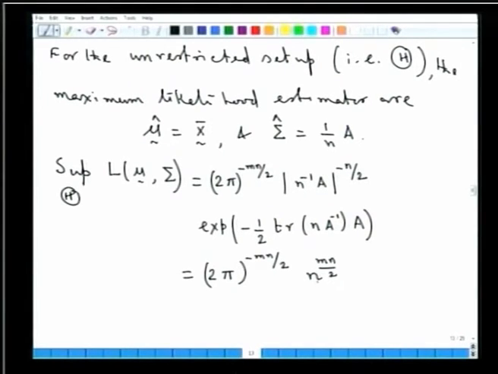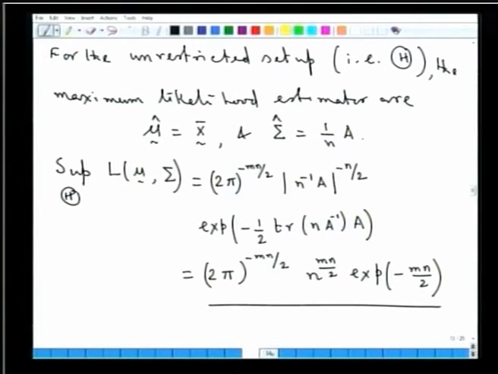So we will have n raised to the power mn by 2, and then we will have e to the power minus half trace of n times I m, so that would be n times m, so that this is mn by 2. So this simple form is the supremum of the likelihood function at this script theta point.